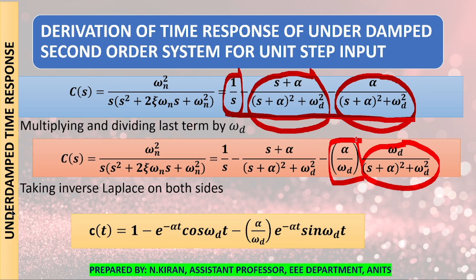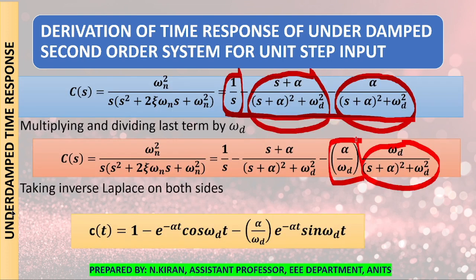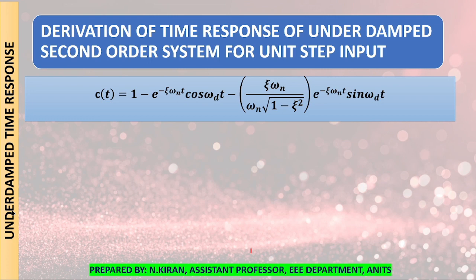So we can still reduce the obtained expression. Here in place of alpha, I will substitute zeta omega n, and in place of omega d I will substitute omega n into root over 1 minus zeta square. As you can see clearly, e power minus zeta omega n is common in the second and third terms, isn't it?